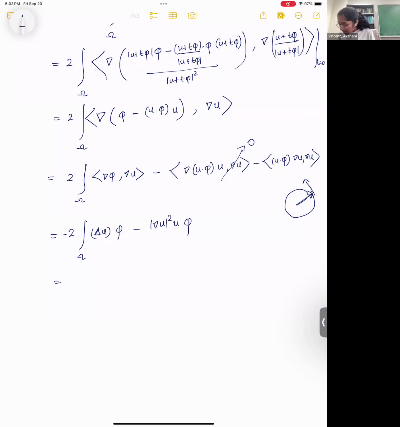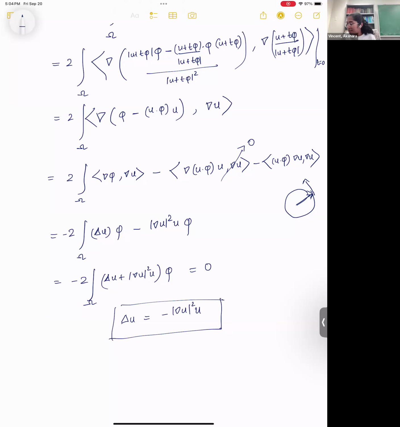So this implies minus 2 times the integral over omega of (Laplacian of u plus mod gradient of u squared u) times phi is equal to 0 for any test function. This implies Laplacian of u is equal to minus mod gradient u squared u. So our minimizers satisfy the Euler-Lagrange equation given here. This is also called the harmonic map equation.